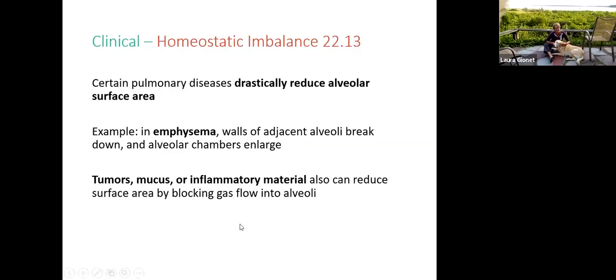Our clinical homeostatic imbalance is emphysema, and there are some other pathologies that can affect this, but certain pulmonary diseases drastically reduce the alveolar surface area. So if you understand how these different variables affect diffusion or airflow, then you start to picture what you would expect to happen or how you might address correcting certain things when you have these different pathologies. So you have to understand, okay, what's the physiopathology of emphysema?